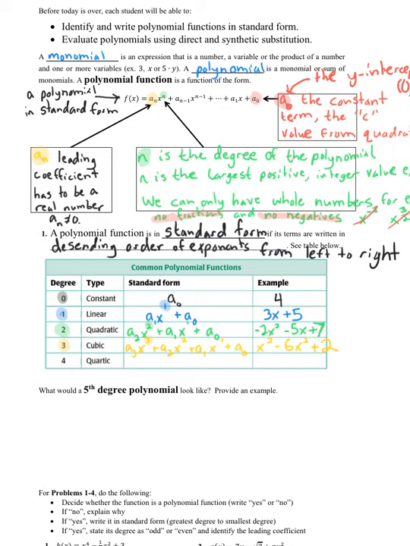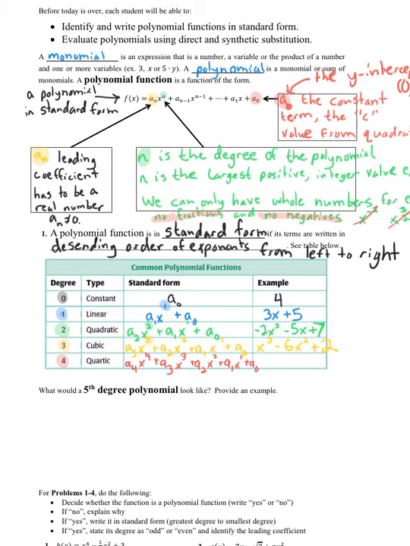Last one, a quartic function. That's a degree 4 polynomial. That's going to look something like a sub 4 of x to the fourth plus a sub 3 x cubed plus a sub 2 x squared plus a sub 1 x to the first plus a sub 0.